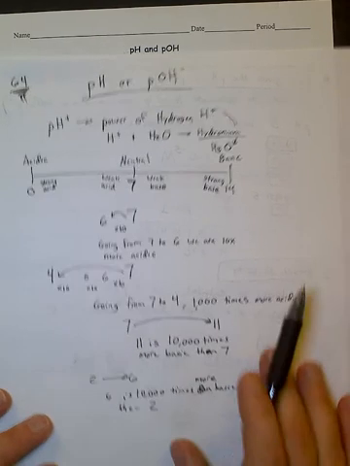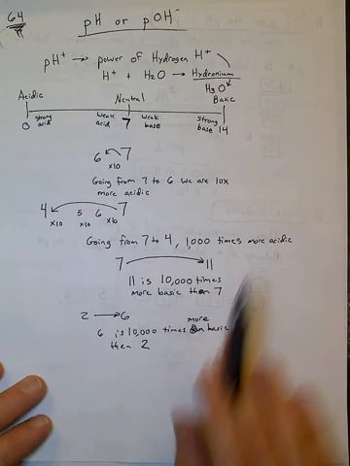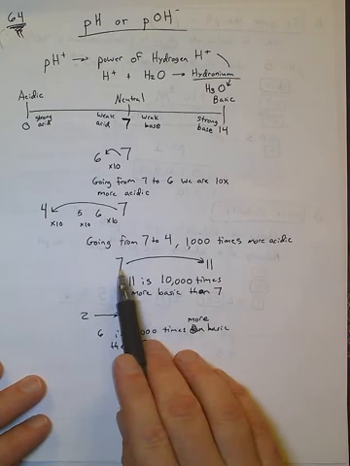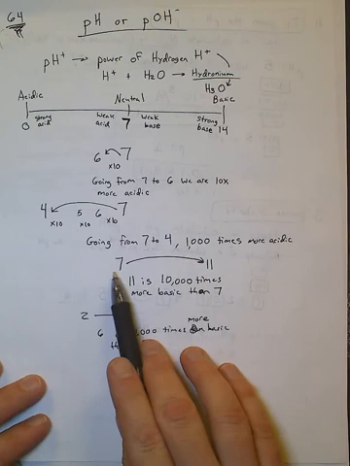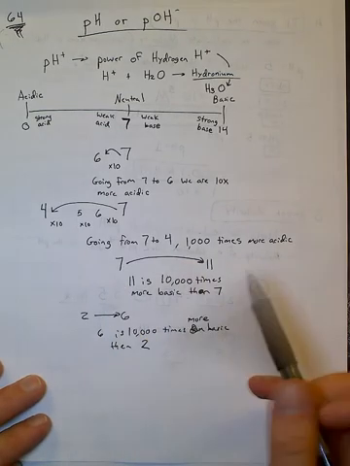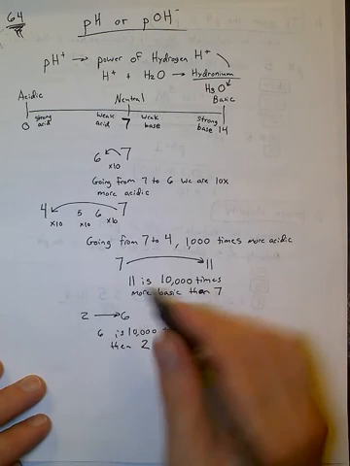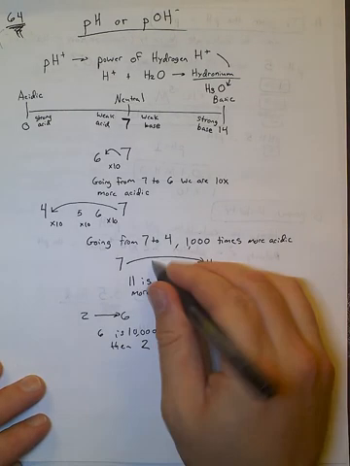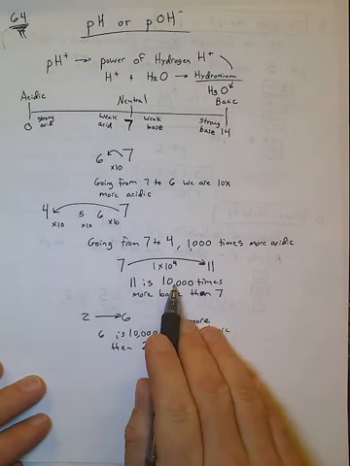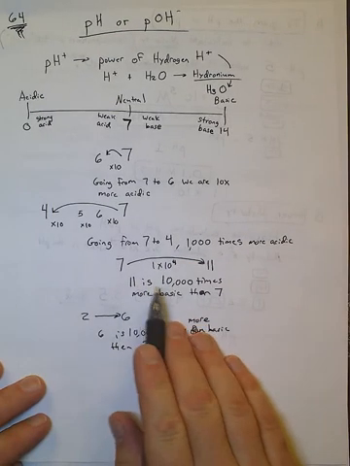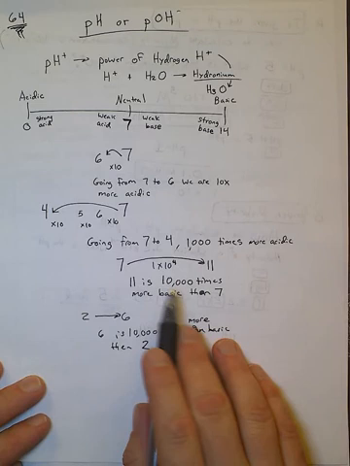If we go the opposite way, 7 all the way up to 11. We're jumping to 8 to 9 to 10 to 11. Okay? So that would be like 4 jumps. This time, however, we're more basic. So 1 times 10 to the fourth power would end up being 10,000. 11 is 10,000 times more basic than 7 is.